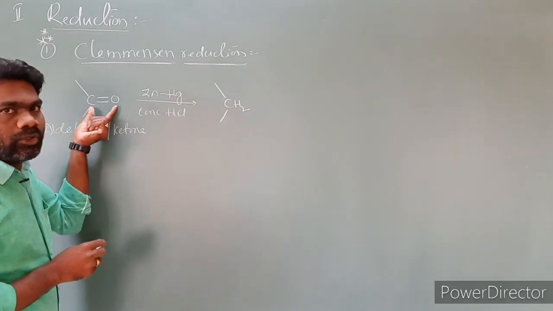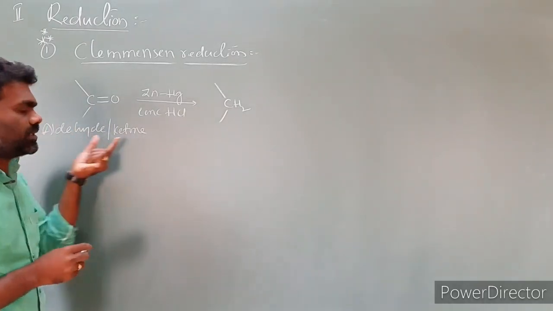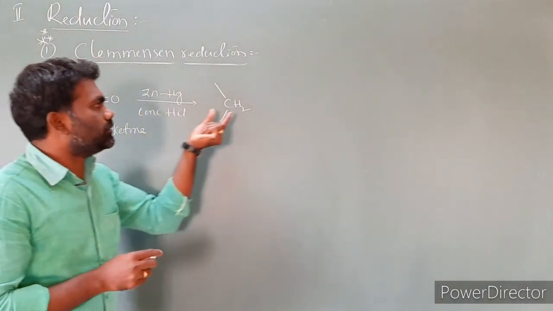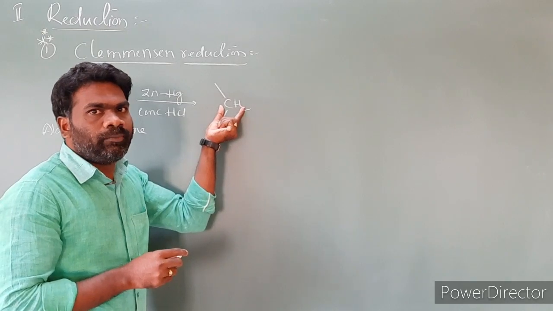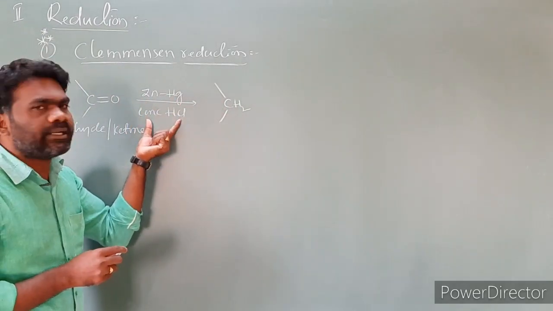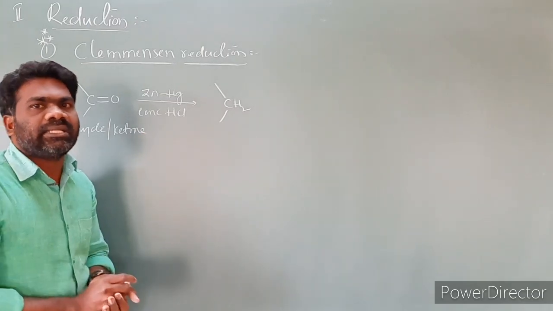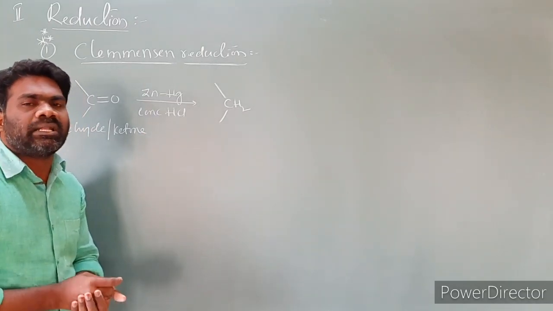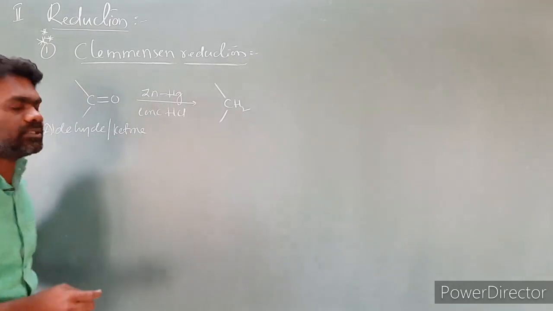The carbonyl group of aldehydes and ketones is reduced to a CH2 group on treatment with zinc amalgam and concentrated hydrochloric acid. This reaction is known as Clemmensen reduction. Now let us read the statement.